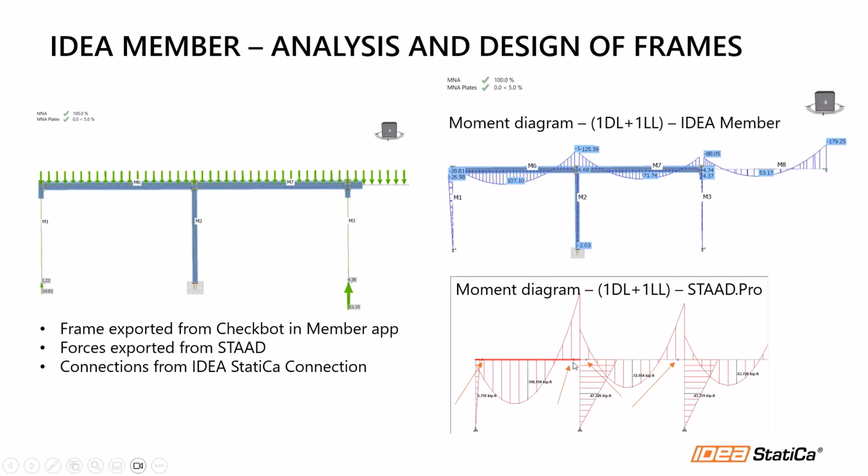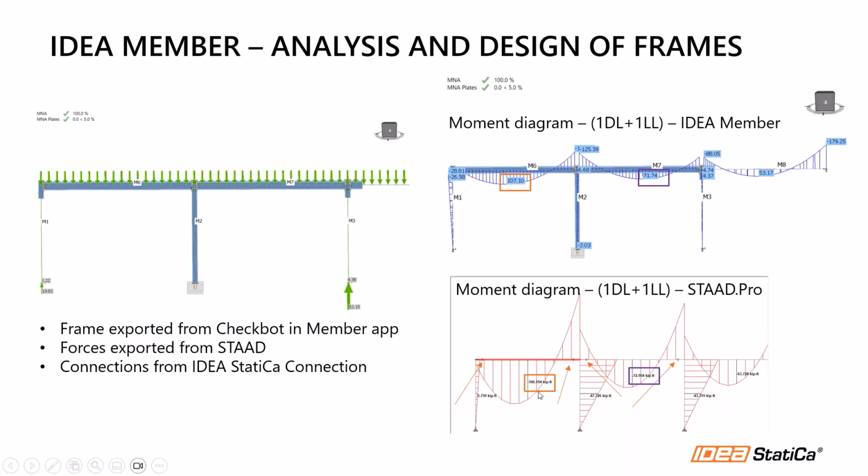I had to input those values here, here, and here, because I wanted to focus on these 2 members, just like in Member. And I had to put those values in STAAD.Pro, all right?